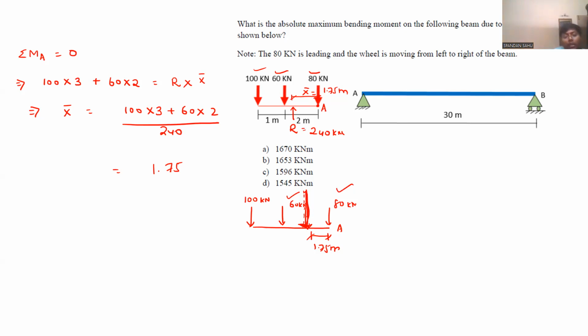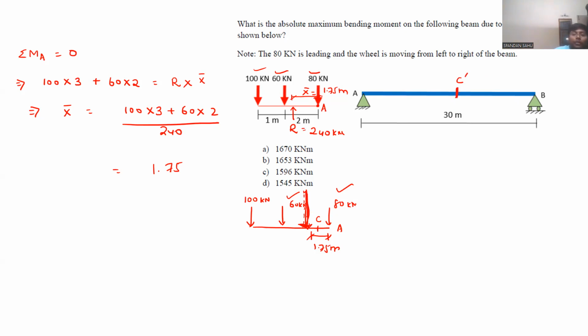Now, case 1: between this resultant and this 80 kilonewton, the distance is 1.75 meter. So you take the midpoint, let the midpoint be C, and place this C at the mid span of this beam AB, such that these C and C prime points are coinciding.